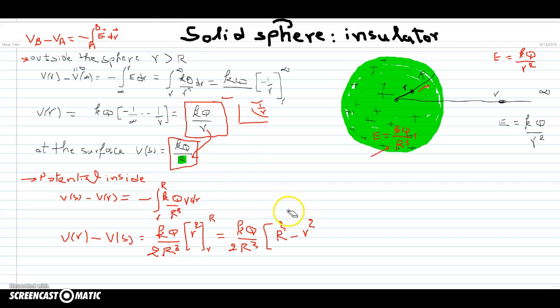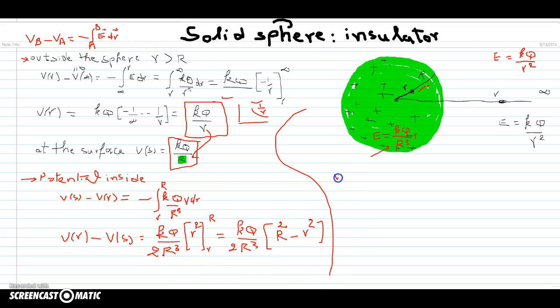This is not cubed, this is squared. All right, close.